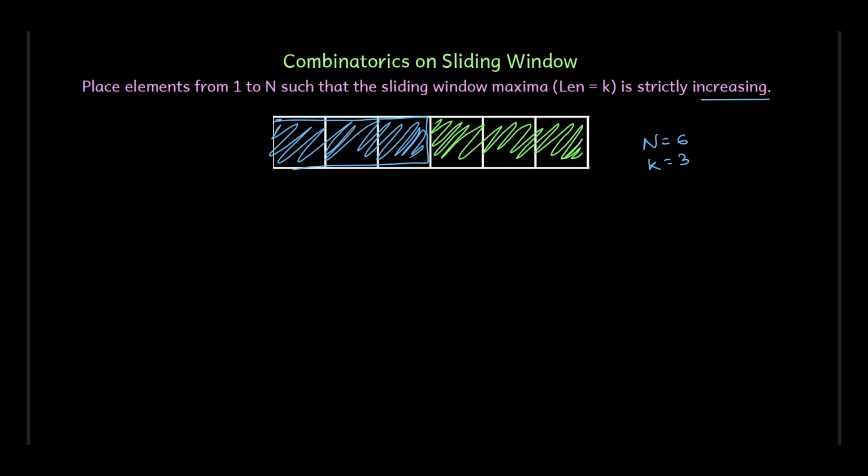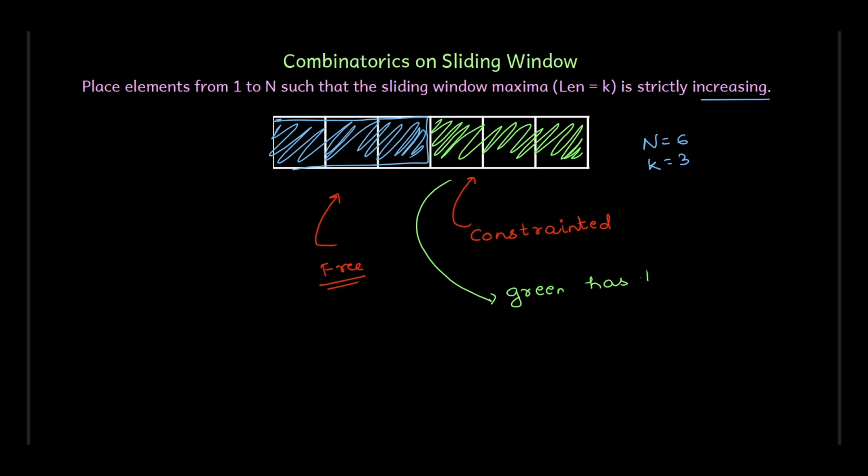And you can see that this other region is very constrained, and this is sort of free. Why constrained? Because this green region has to be sorted.